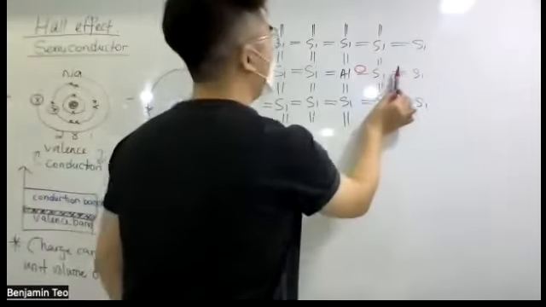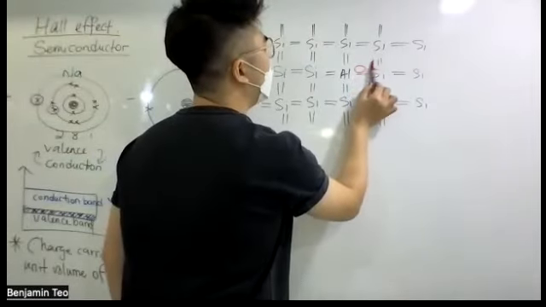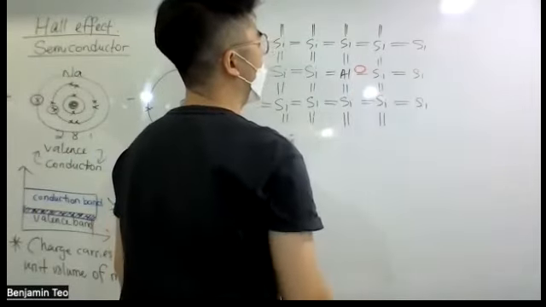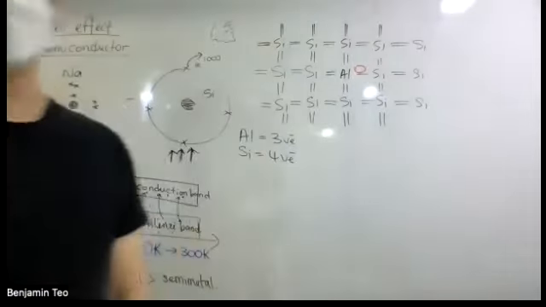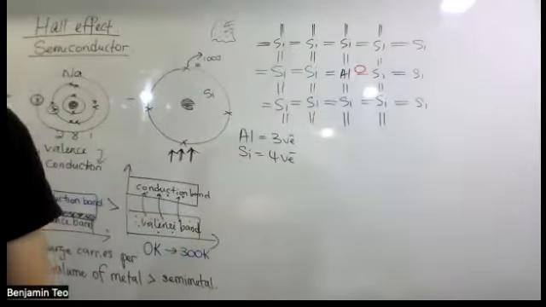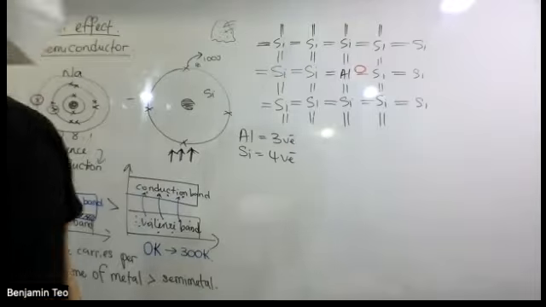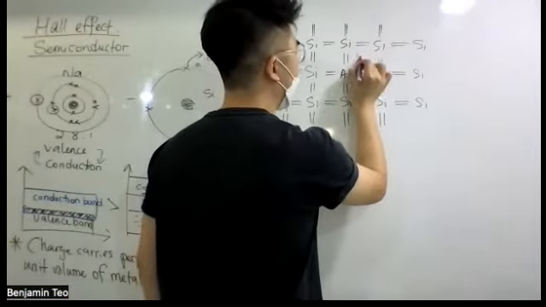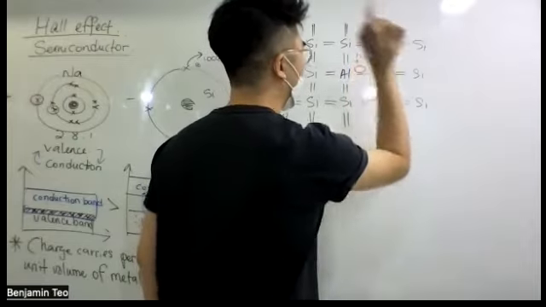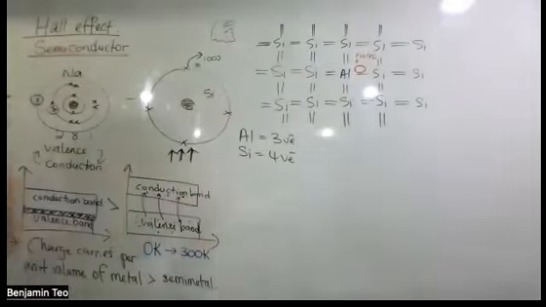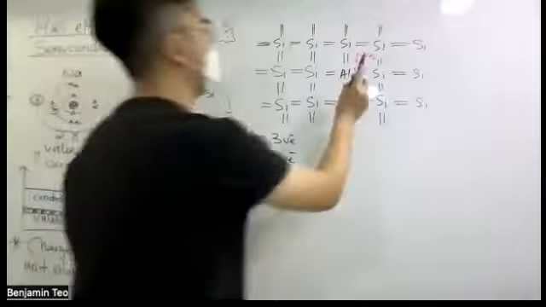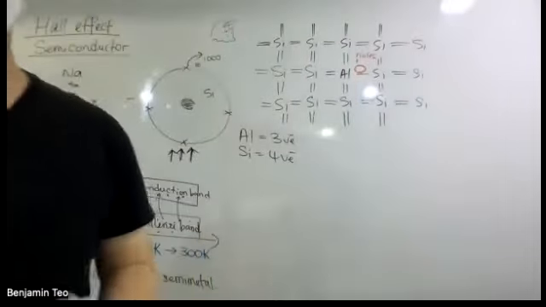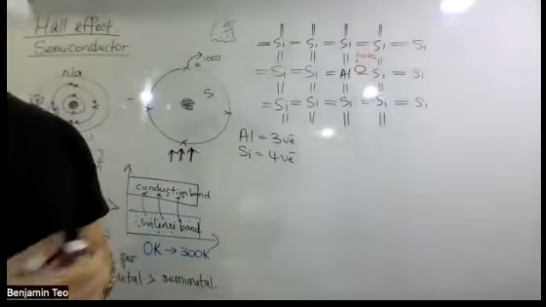When there's electron flowing nearby, that electron will be attracted by this one. If electron is negative, the absence of electron is positive. So this is a positive charge. We give it a name, we call it holes. So when I say holes, then you know it's a positive charge carrier.